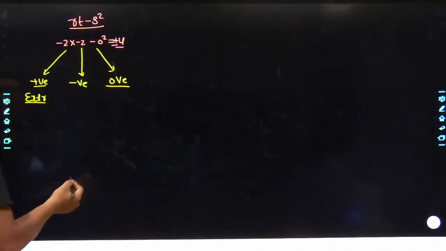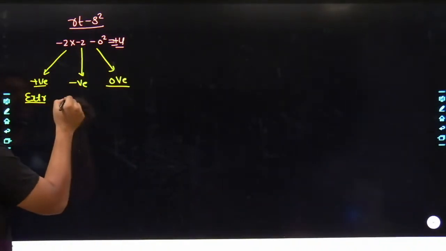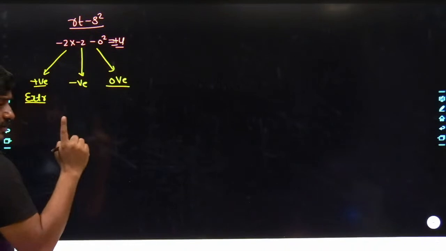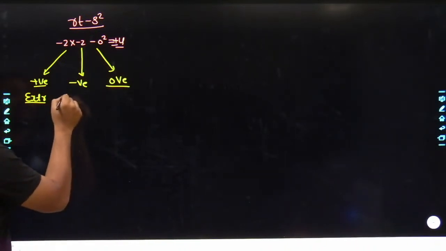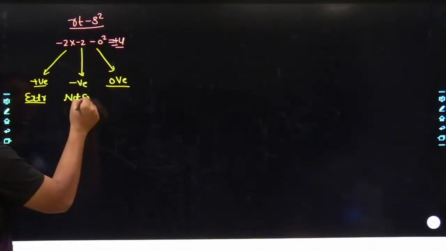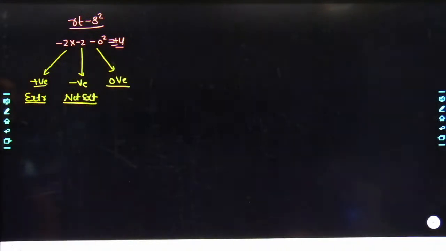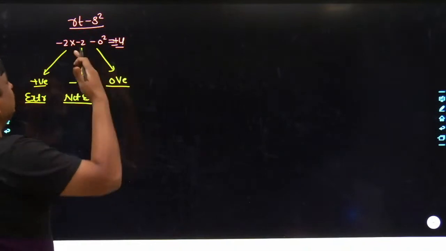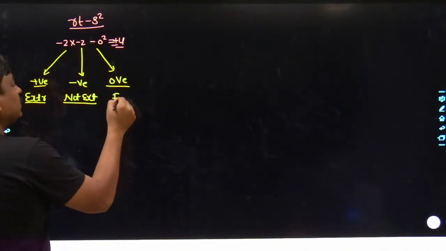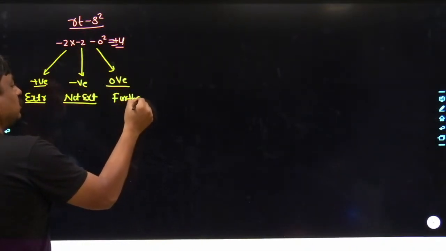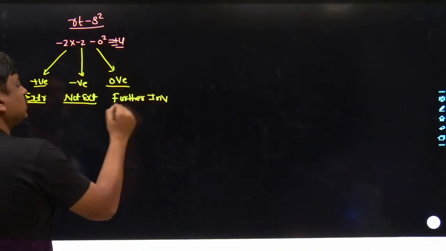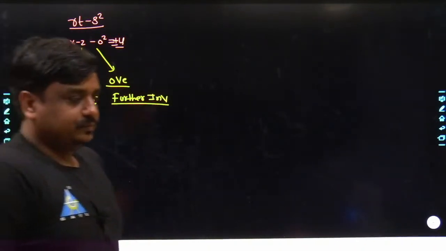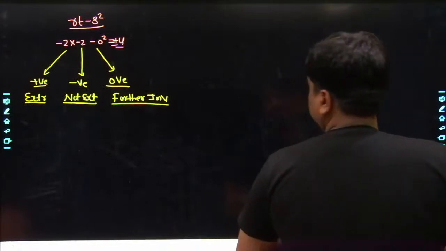Could be maxima or minima. If it leads to a negative value, sorry, it is not the point of extrema. Agreed with what I am saying? And if the value has been found 0, so that it can't be said as positive or negative, then further investigation is required.